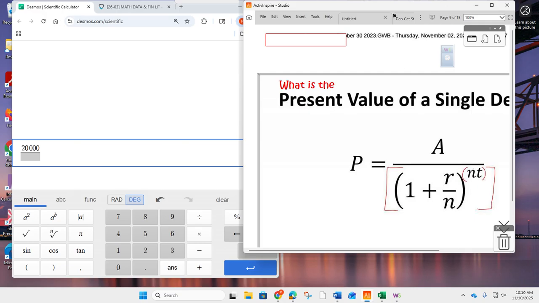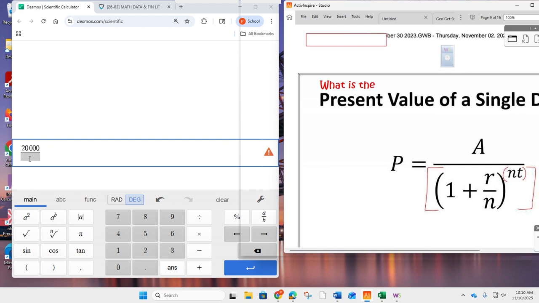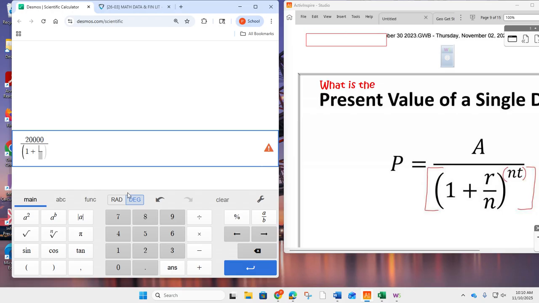So we're going to start. We do need parentheses because we're raising all that to a power, 1 plus this fraction, nice little easy fraction button. That rate was 0.05, and it was compounded annually, correct? So our N was 1.